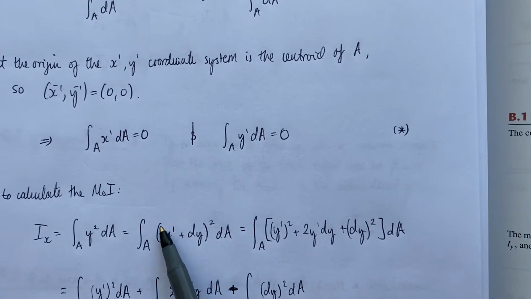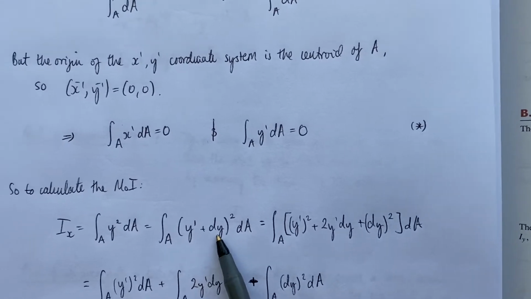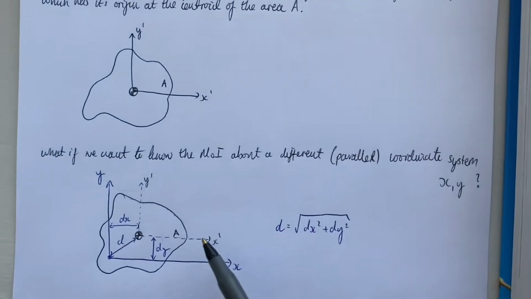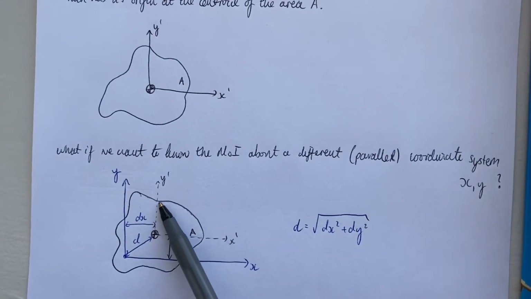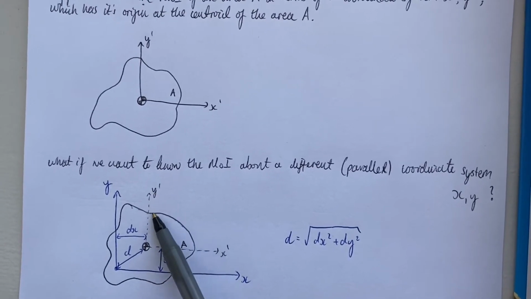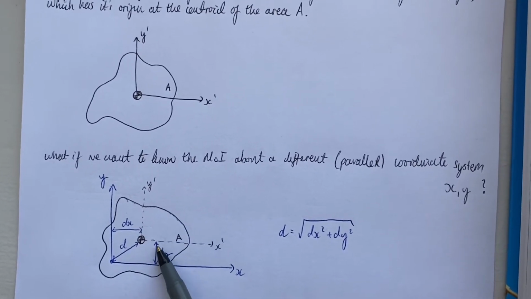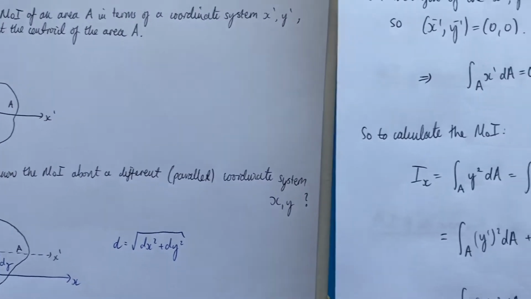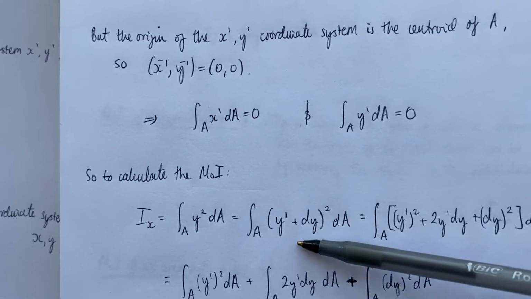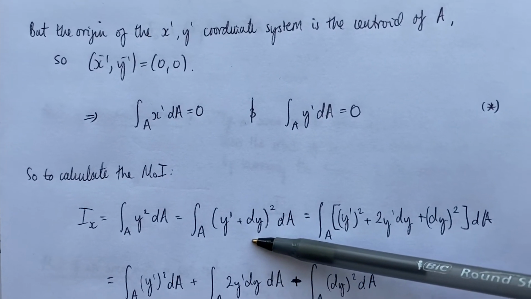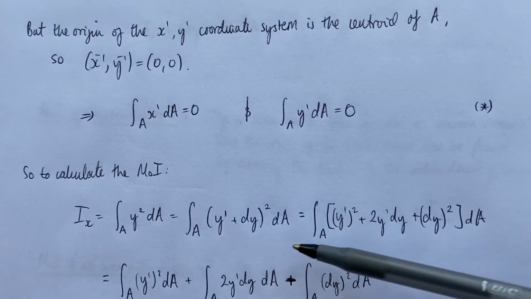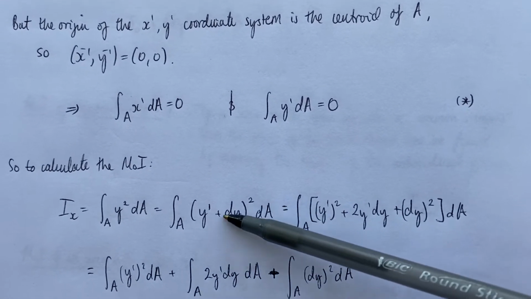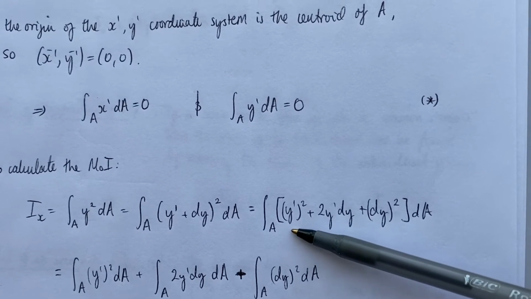So I have the original y position, this is my original y dash, and I've shifted it by dy. That's what I've replaced in this integral equation here. Then I've expanded the brackets to get this.